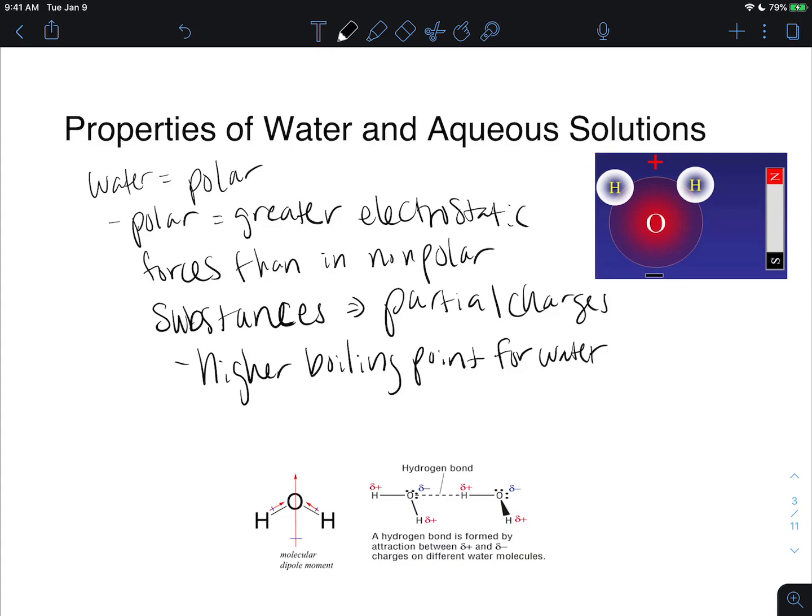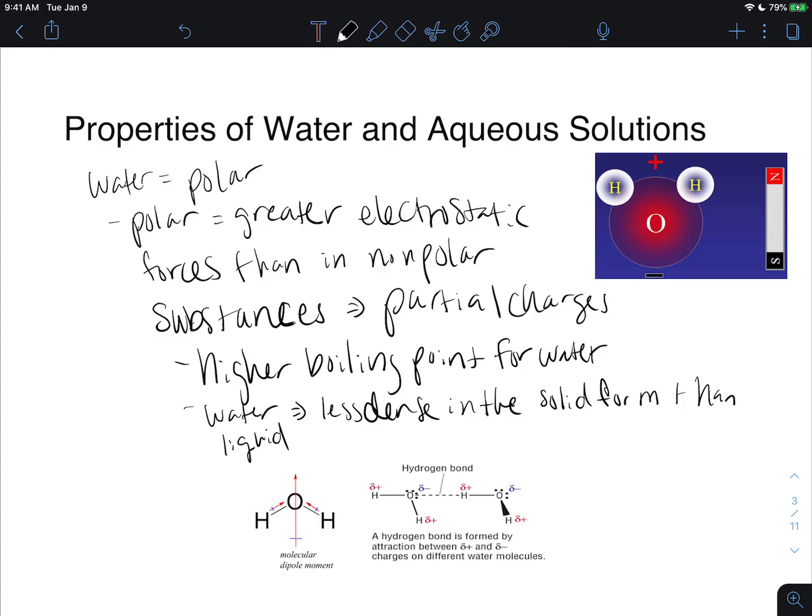And another thing that occurs because of these electrostatic forces within water is that water is less dense in the solid form than in the liquid form. Which is why ice is going to float on top of water.